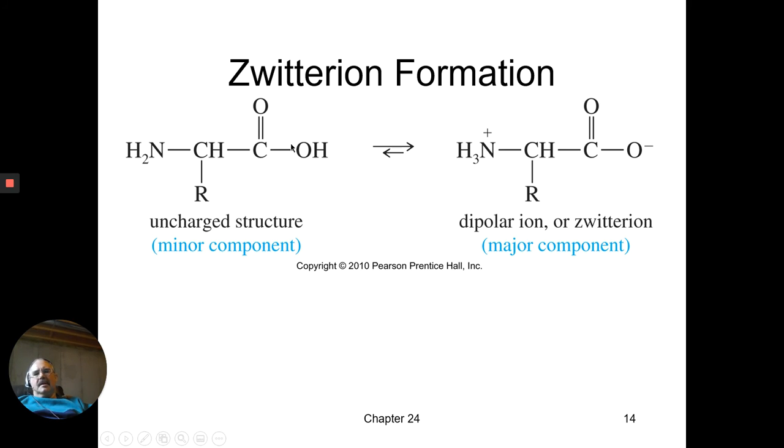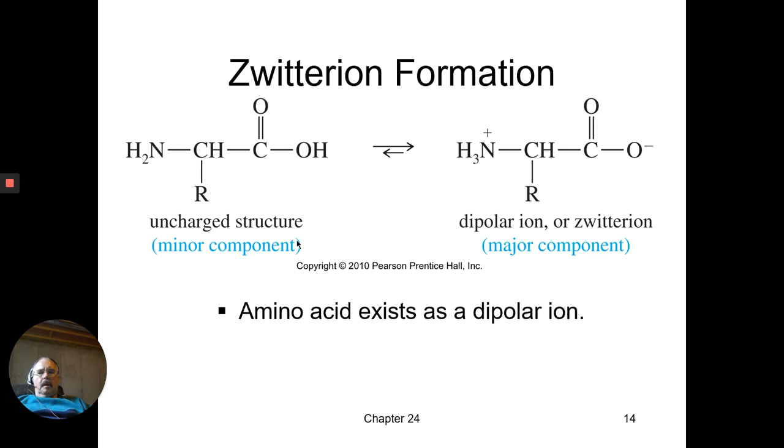In strongly acidic solution, this will be protonated and this will be protonated. In strongly basic solution, this will be neutral and this will be negative. So amino acids exist as these dipolar ions.